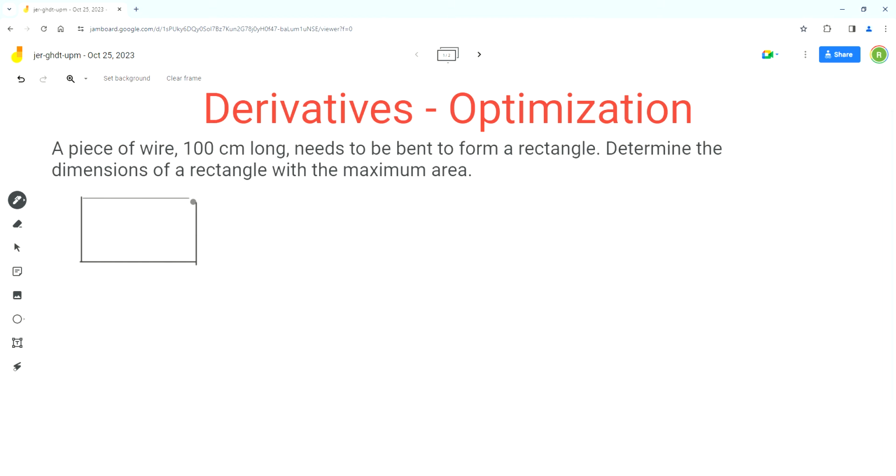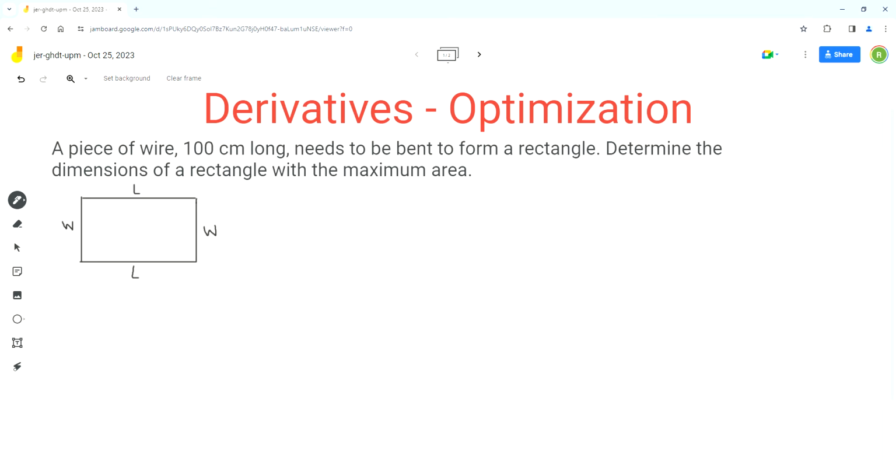So let's assume the length of this rectangle is L and the width is W. Now the 100 centimeter wire has been used to create this rectangle. That means the perimeter of this rectangle is equal to 100. So that is our first equation.